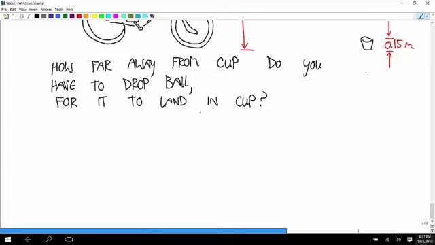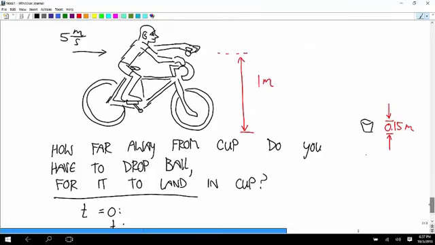Okay, so the first thing we have to do is choose time equals 0, time final, and then the coordinate system, the origin and the orientation. And time equals 0 is going to be when the ball is released.